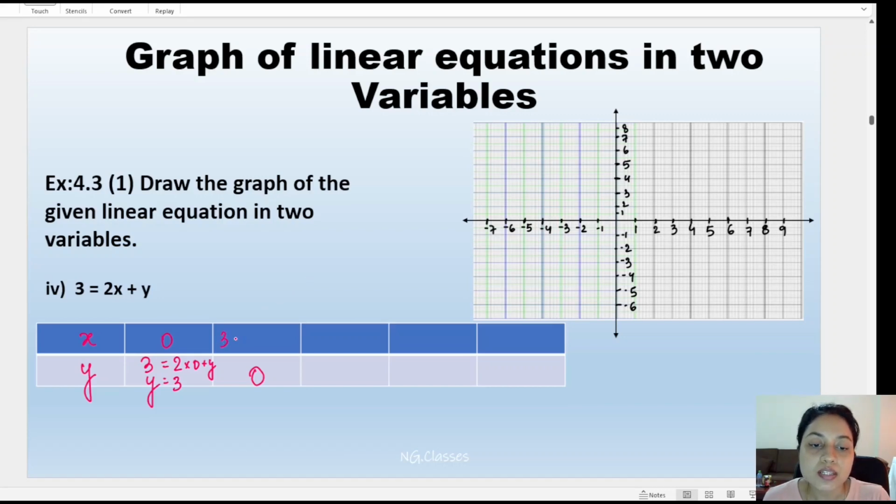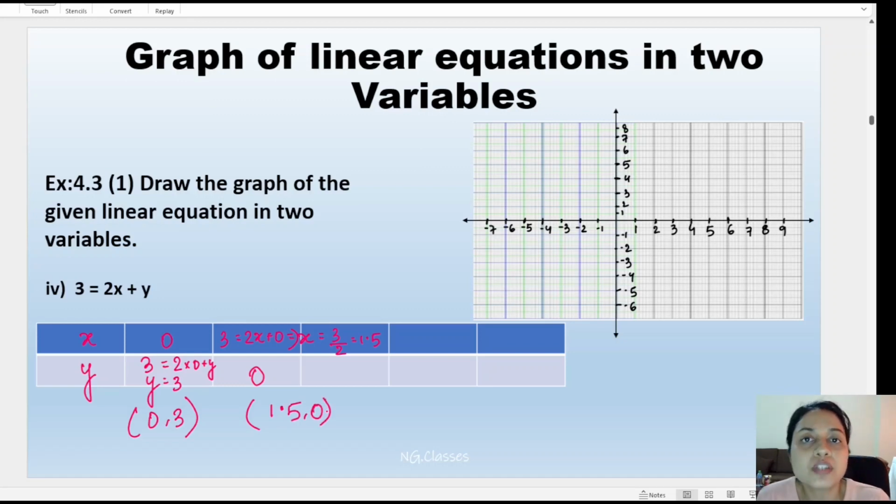So 3 equals twice x, and y value we have taken as 0. From here we will get x value as 3 by 2, that means 1.5. So we have got two coordinates, that means 0, 3 and the other one is 1.5, 0.